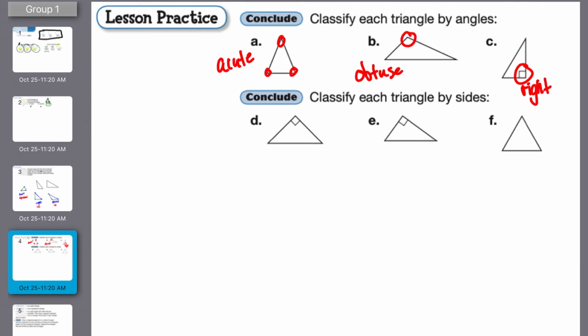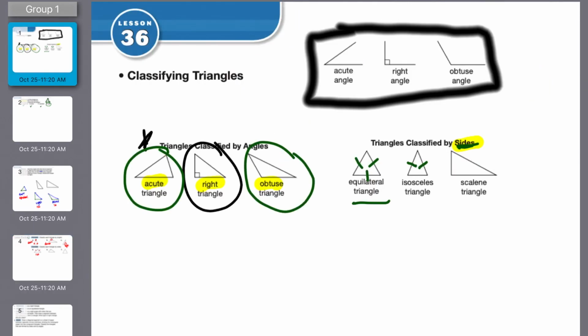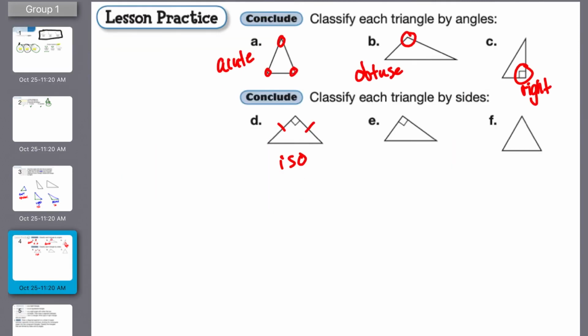Classify each by sides. Okay, so this one looks like it's isosceles. This one looks like it is, for E, it looks like none of them are the same. So if I look back up here, that'd be scalene. And letter F would be equilateral.